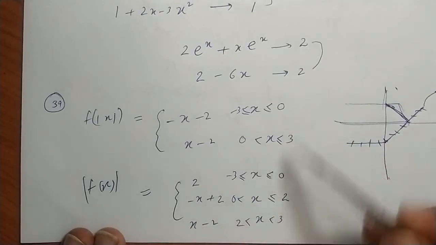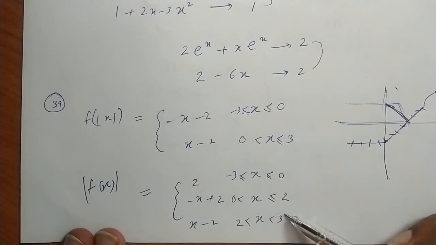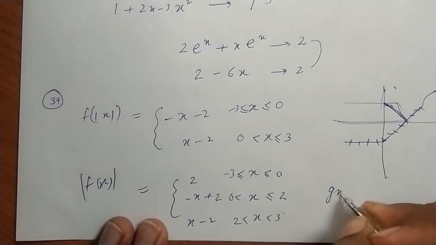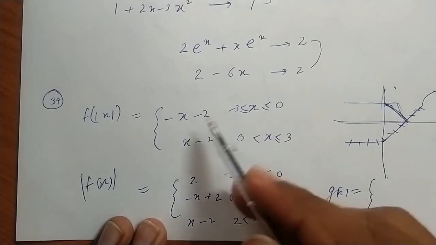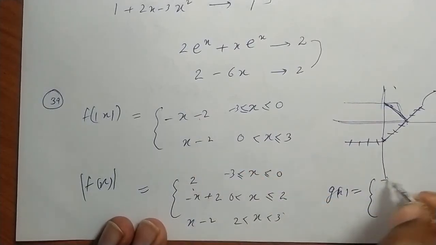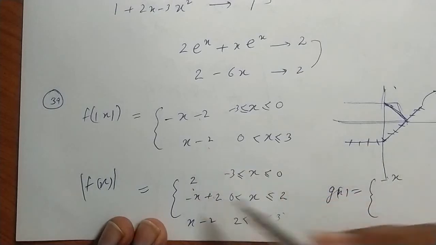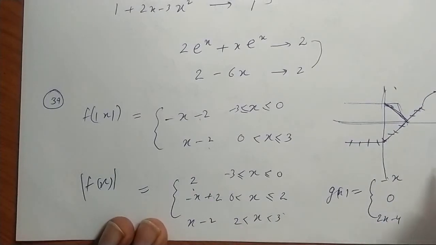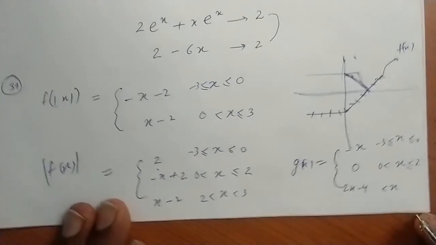Now from both the ranges we can add the corresponding range to obtain g(x). So g(x) would come out to be this plus this, which is minus x, and this plus this, which is 0, and this plus this, which is 2x minus 4, when x is between minus 3 to 0, x is between 0 to 2, and x is between 2 to 3.